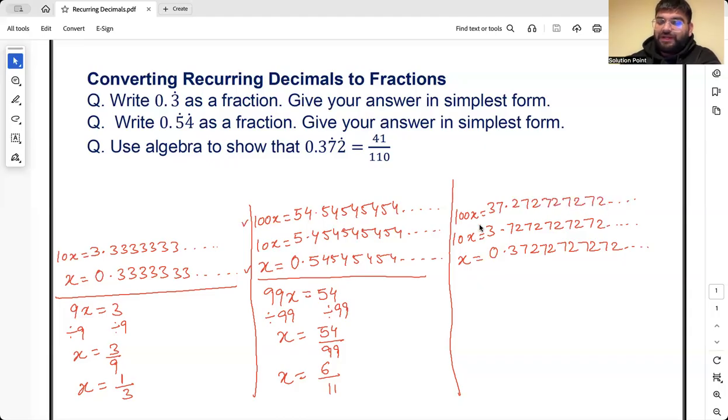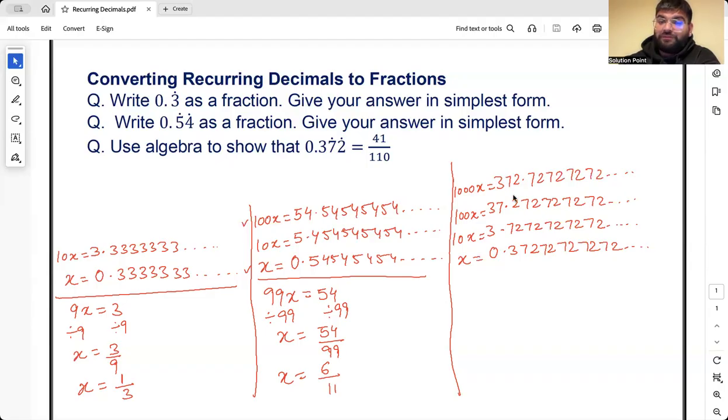Again, if I subtract these two equations, I'll not be getting 0 after the decimal. So I need to again multiply this equation by 10. This decimal will again move one place to the right, so this will become 372.72727272 and so on.